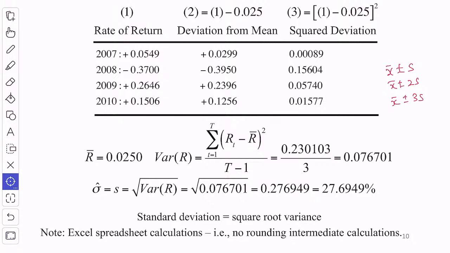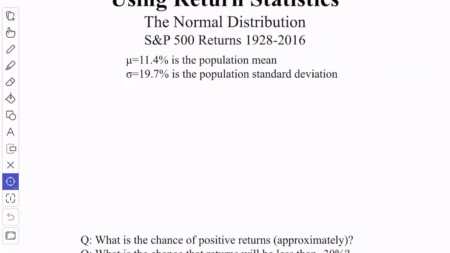It turns out that the returns to the S&P 500 over the long term, with lots of data, are... We only have 4 data points here, but with lots of data, I've taken the returns from 1928 to 2016 and calculated the average for you, and I'm going to treat it like it's a parameter because I used a long period of time, and I believe this is the behavior.